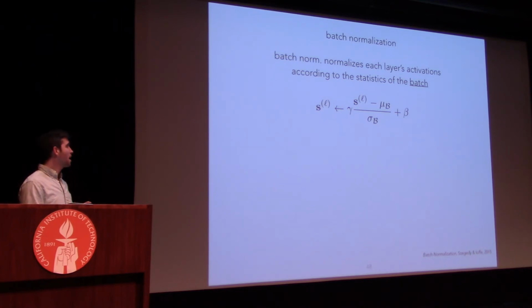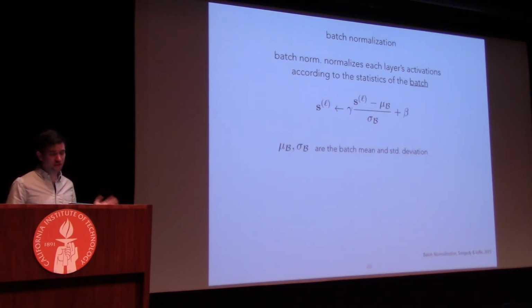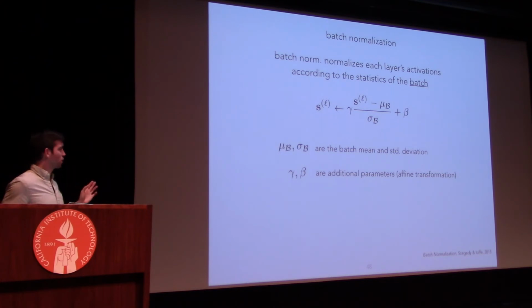And then there's another set of affine transformation parameters, just in case we had to get away from having a zero mean output, we could, in theory, transform this representation. So again, these are batch statistics, and these are additional parameters. Just think of it as an affine transformation.